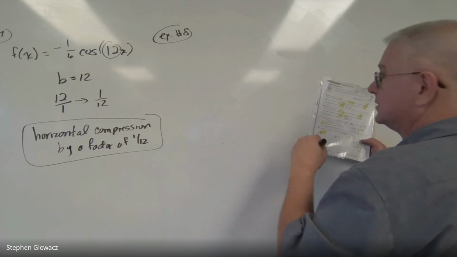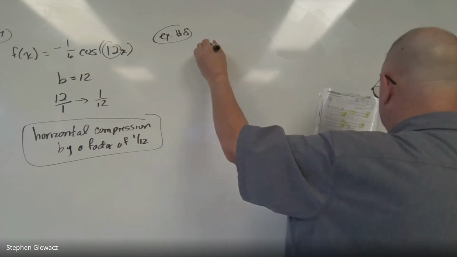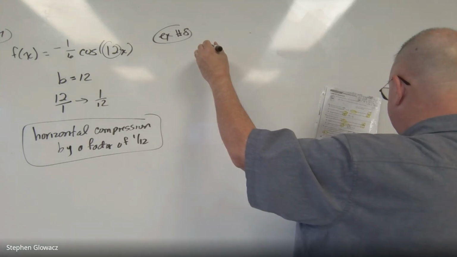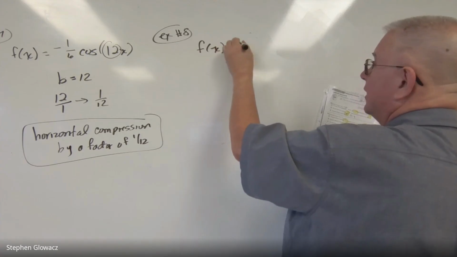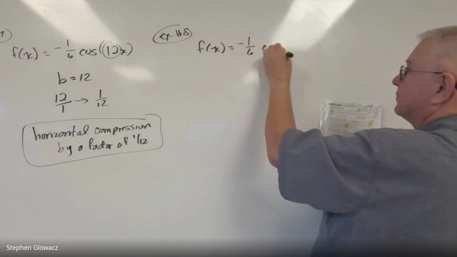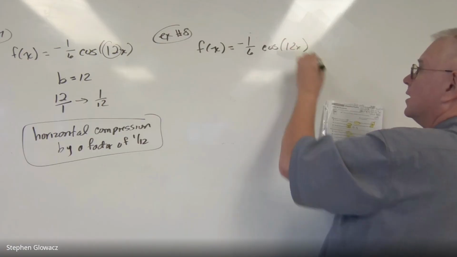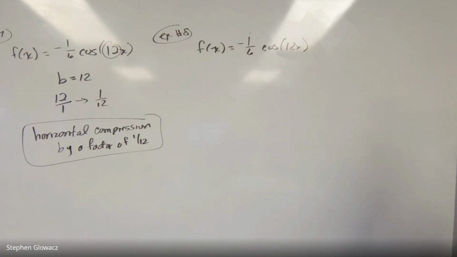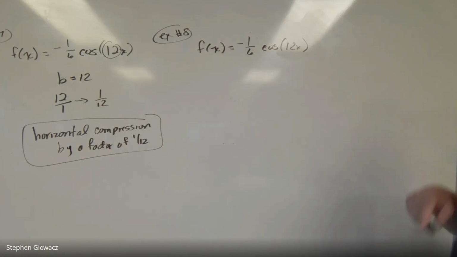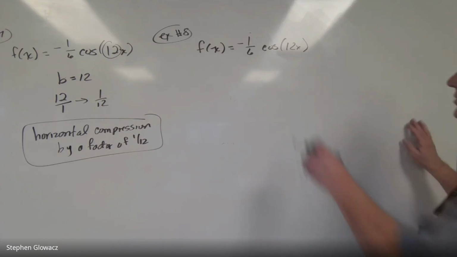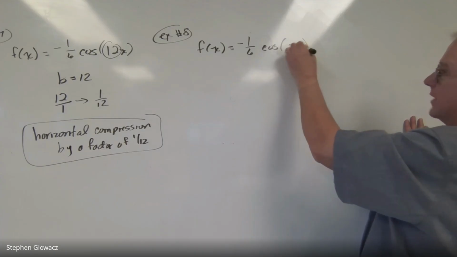We can just use the same function here, so let's write it up over here. Okay, so B is 12. So we have 2 pi. Well, actually, let's just do x. Let's do it like that.